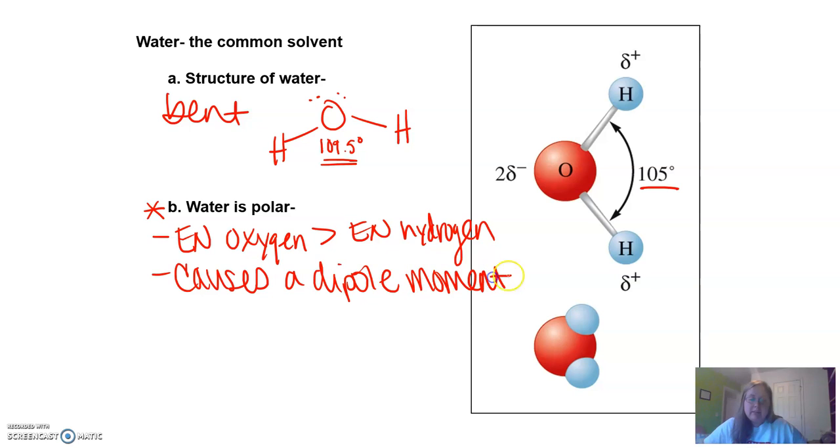And if you remember, a dipole moment just shows the unequal distribution of electrons. And so it shows that the hydrogen is pulling on the electrons a little bit less than the oxygen, or I should say the oxygen is pulling on the electrons a little bit more.